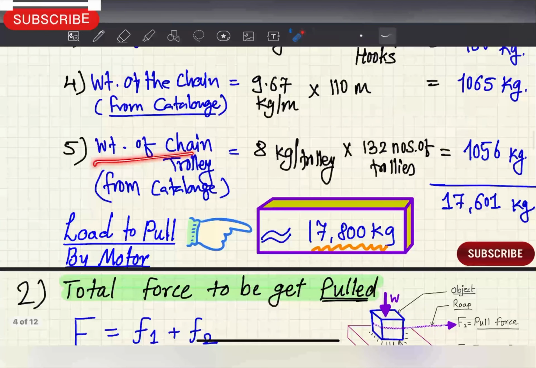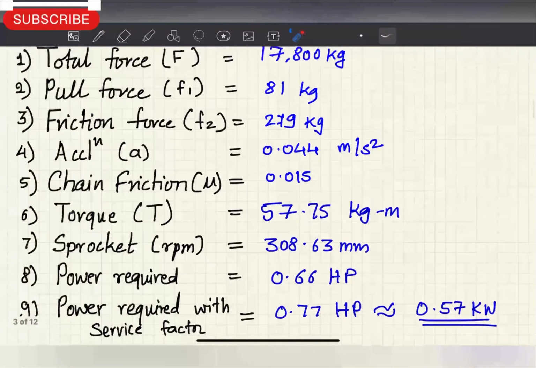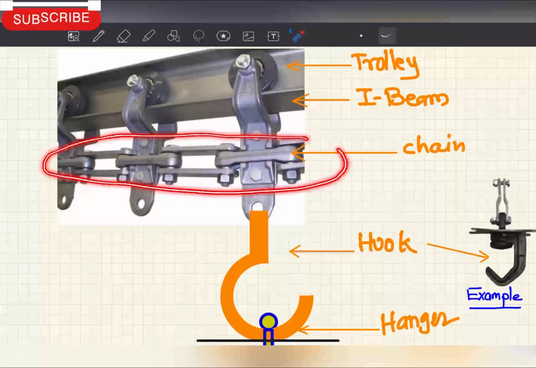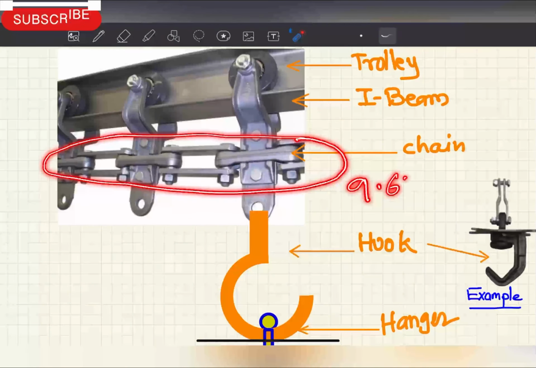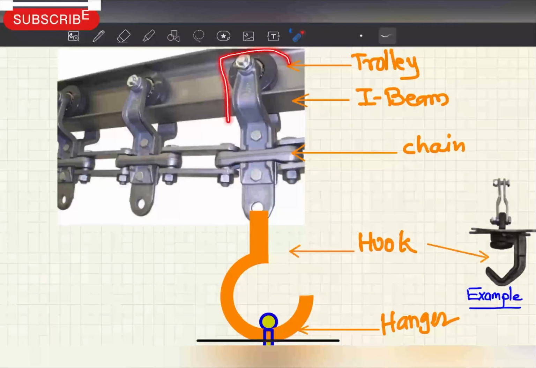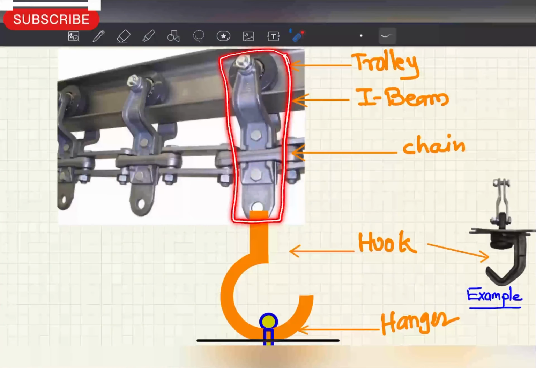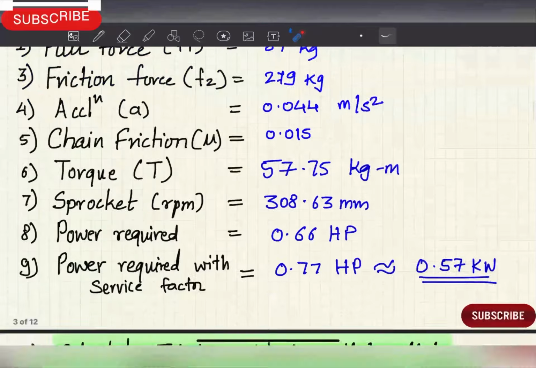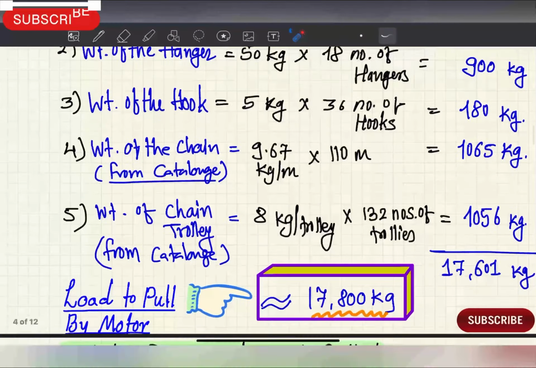Weight of the chain trolley, because this chain weight is 9.67 kg per meter. We have not included the trolley required to roll this chain in the I-beam. So this trolley also needs to be calculated, because this trolley also needs to be pulled by the motor.